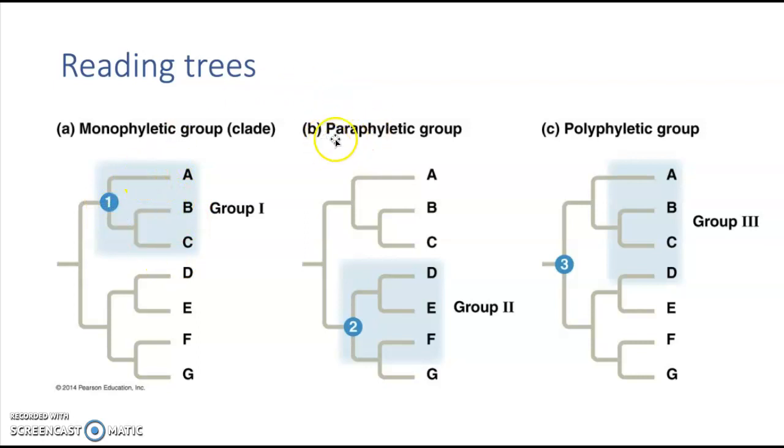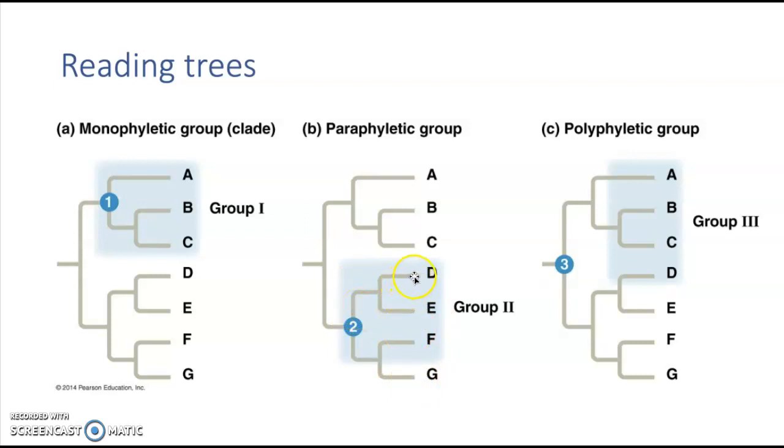A paraphyletic group represents some, but not all, of the organisms that come from a single common ancestor. So D, E, and F are some of the taxa, some of the species that come from this common ancestor, but they're not everybody, because G was left out of this particular group.